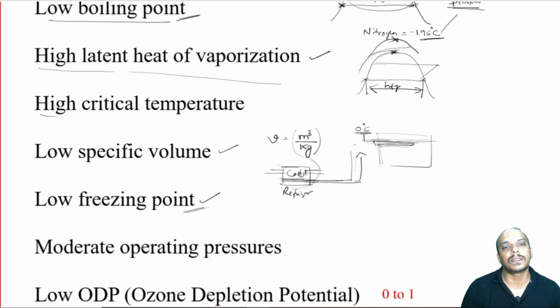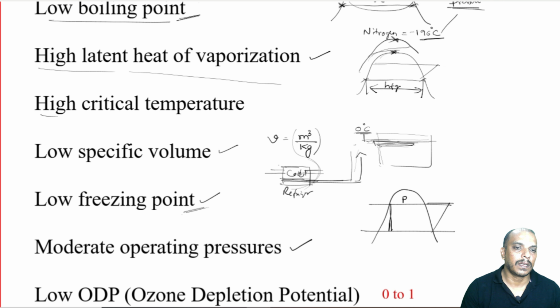Now, moderate operating pressure. We are talking about this because we have this vapor dome, we are liquefying it by raising its pressure, and then we are expanding it, or dropping the pressure, in order to make it evaporate, right? Or we can say this is your condenser pressure, this is our evaporator pressure, all right. Now, this has to be close to atmospheric, but based on its saturation temperature.